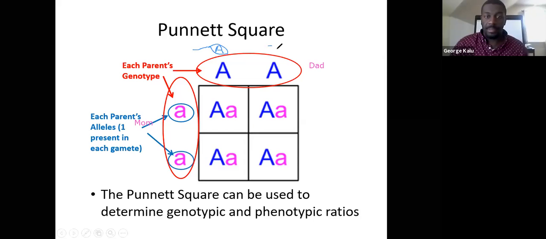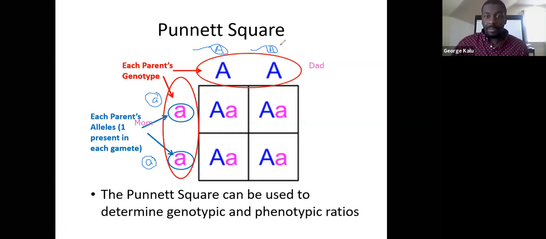This would be another sperm cell that dad might be producing, with a big A allele in there. And then these would be egg cells that mom would be producing. So these are the eggs. Each of these alleles represents what allele would be found in each of those gametes, in either the sperm or the egg.